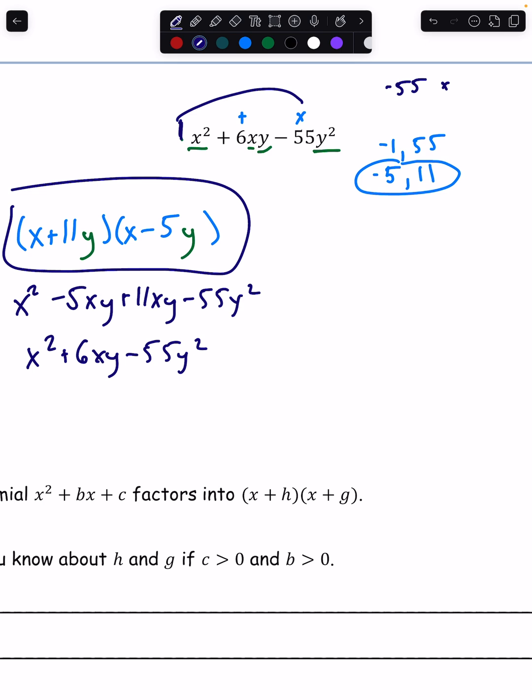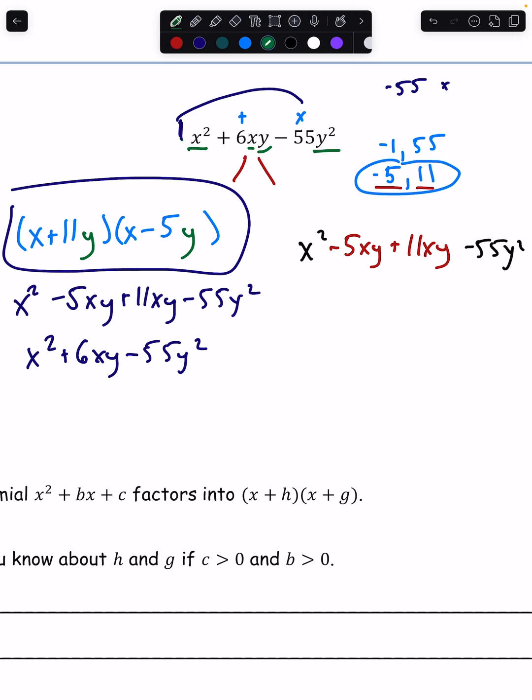We choose our same numbers, negative 5 and 11. But the only thing we do differently is we split up that 6xy, so we don't automatically go to the shortcut method and get the answer right away. So x squared stays here, minus 55y squared stays at the end, and then we split up that 6xy with our two numbers, so minus 5xy and plus 11xy.